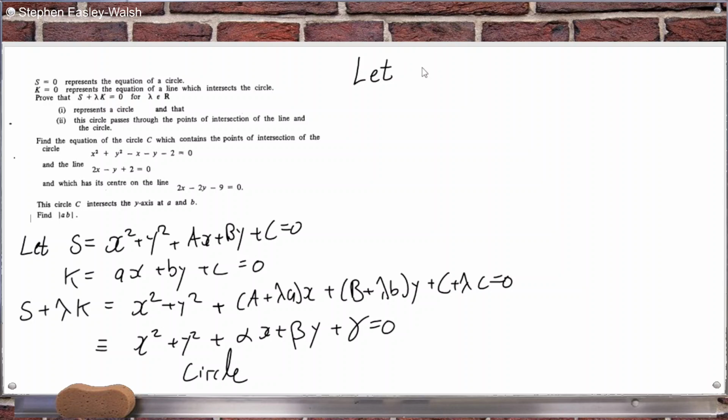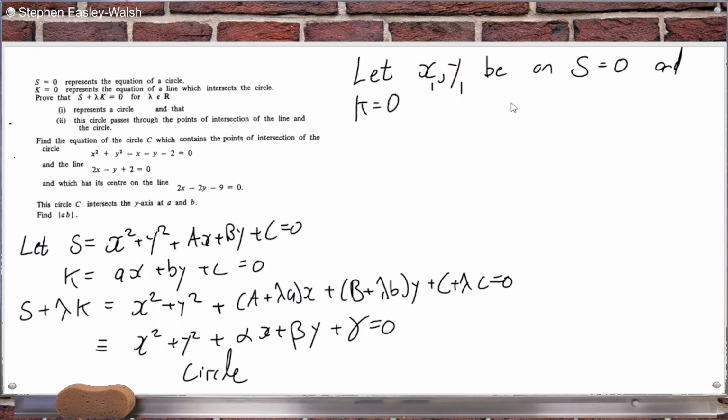Okay, let (x, y) be on S equals 0 and K equals 0. Or maybe I should call it something like (x1, y1) be on S equals 0 and K equals 0.